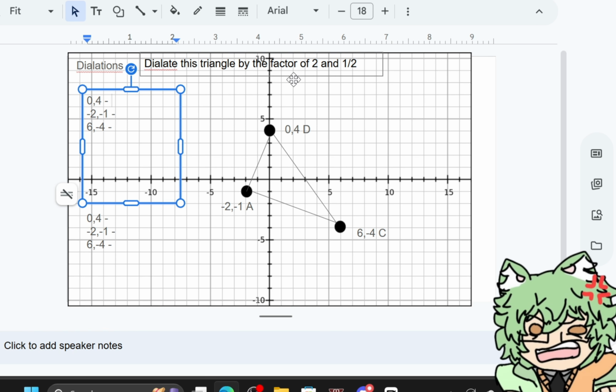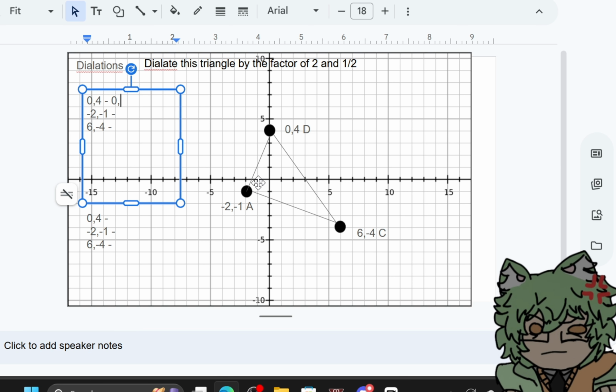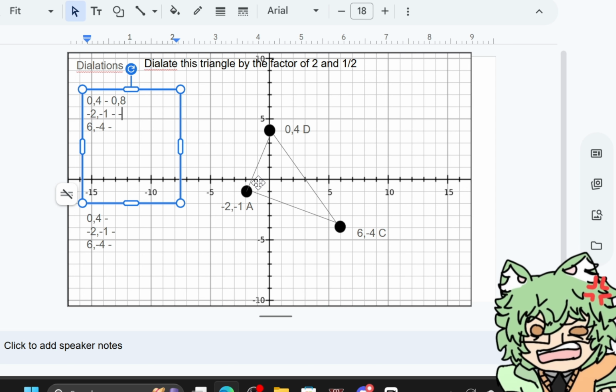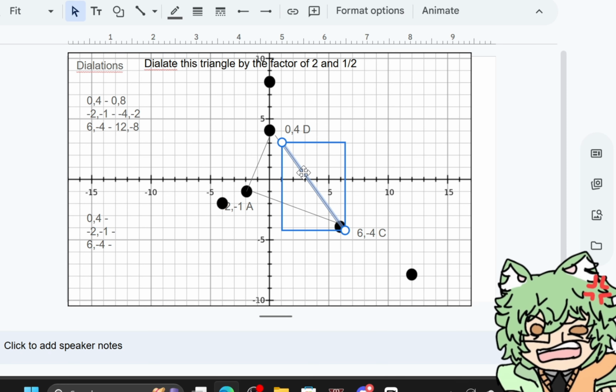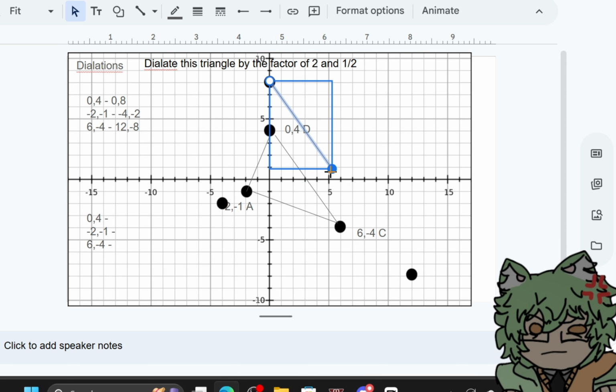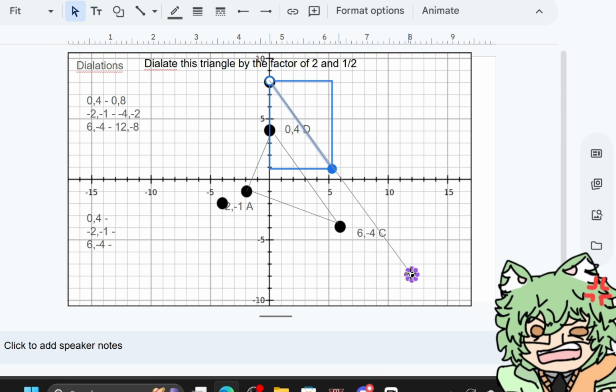So, if you dilate this triangle by the factor of 2, you multiply 0 and 4. 2 times 0 is still 0, and this is 8. Here, it remains negative, so you have negative 4 and negative 2.